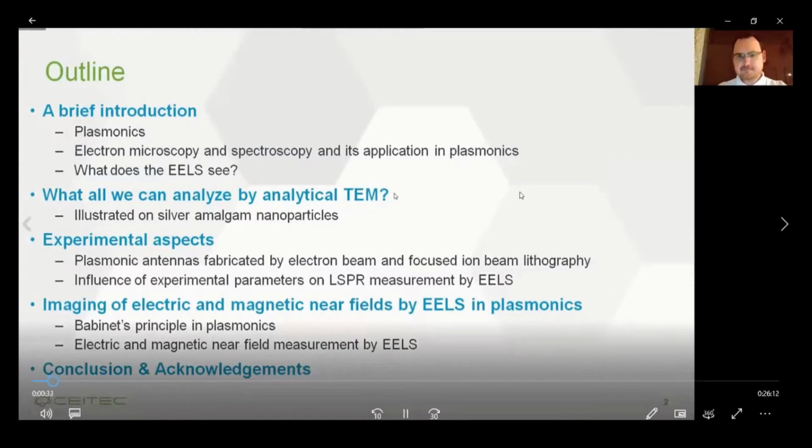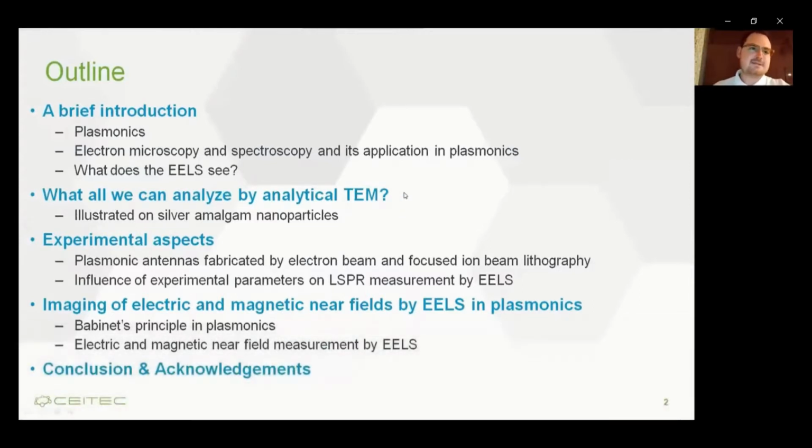I will continue with a short example of what we can analyze by analytical transmission electron microscopy in the field of plasmonics, and I will illustrate it on silver amalgam nanoparticles. Then I will discuss experimental aspects of our work. It means the fabrication of plasmonic antennas and the influence of experimental parameters on plasmon measurements by EELS.